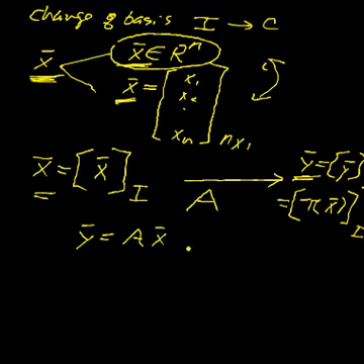In this case, we assume that x and y are coordinates. Coordinates are just column vectors, right? So I have a matrix multiplied by a column vector, giving me another column vector y. So A is just a transformation matrix between domain and codomain in the identity or canonical basis.